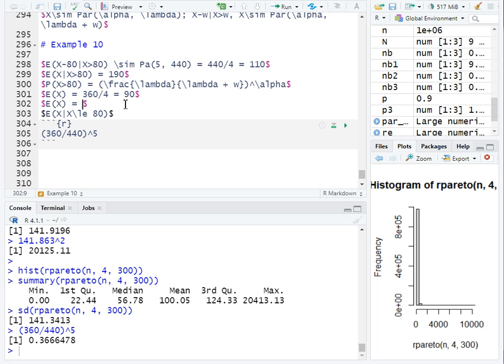First of all, Ex given that x is more than 80, times the probability x more than 80.